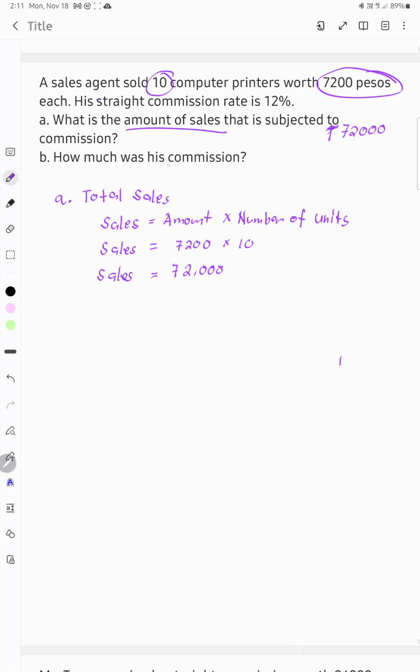Now we want to get the commission. Again, let's go with the formula: commission is equal to sales, or the total sales, times the commission rate.